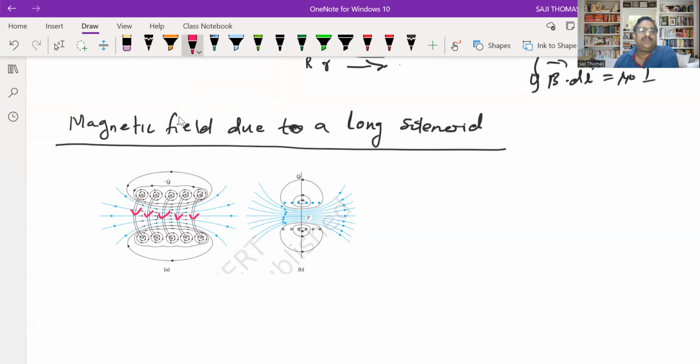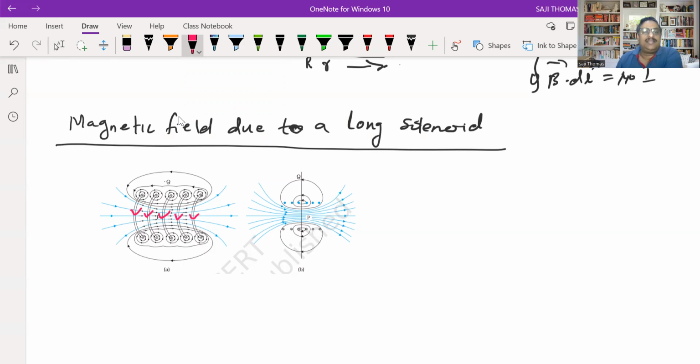Look at the top part of the turns. Their current is coming out of the plane of the paper. That is why the dot is shown. That top small part of each turn is straight, so the magnetic field due to that straight conductor is shown in the form of circles. You can see that around each wire, concentric circles represent the magnetic field lines.